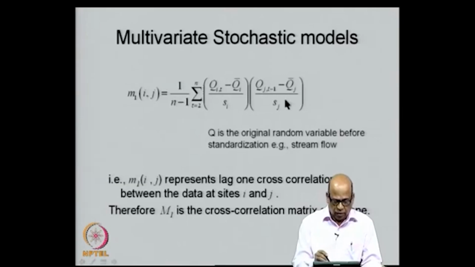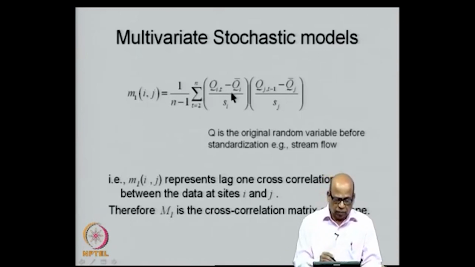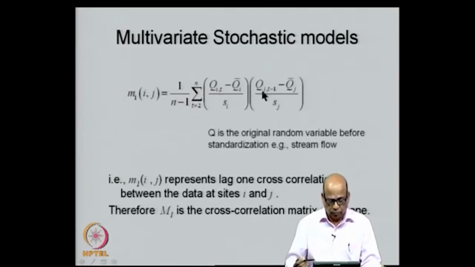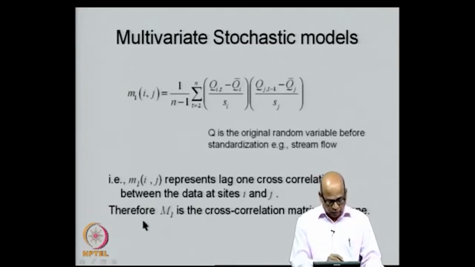So, I will write it in terms of the original flows, which is q i t, q j t minus 1, etcetera, much the same way we did for M 0, except that you must remember here that these are for two different sites, which is in fact the case with M 0 also. And q is the original random variable. That means we may be talking about annual streamflow or some such thing. And from this you can see that M 1 is in fact the cross correlation matrix of lag 1. At lag 1 you take the cross correlation, and M 0 is at lag 0.